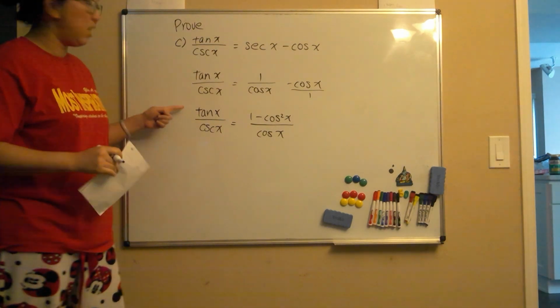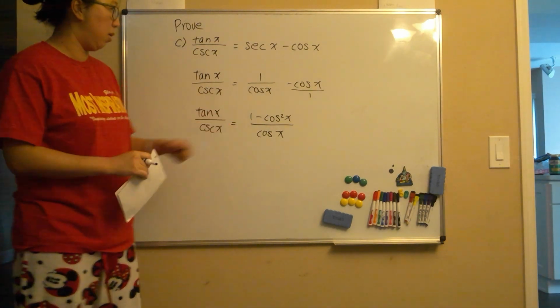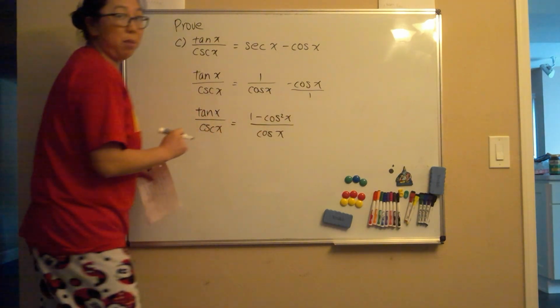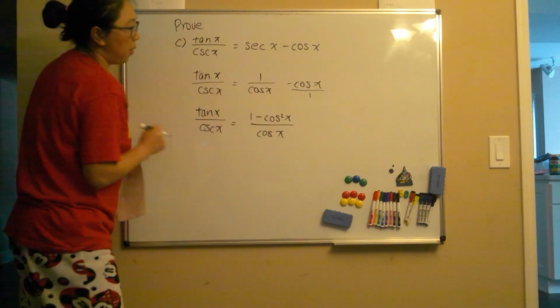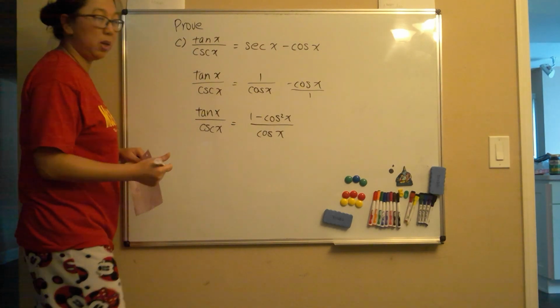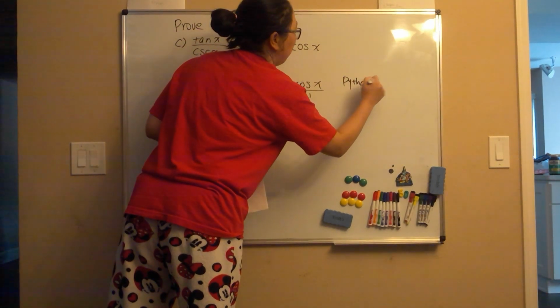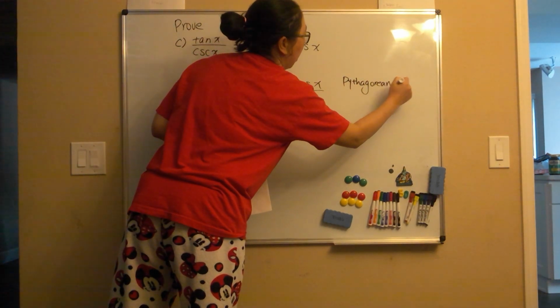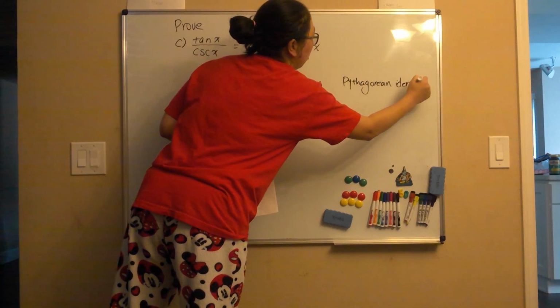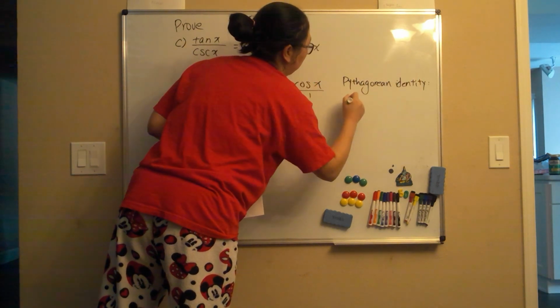Now, this is again a monomial, this is a binomial, which means I'm actually using a Pythagorean identity here. And what Pythagorean identity do we know that has to do with cosine squared x? It's the first one. And yes, you have to write this out every single time. Please do not take shortcuts, people.